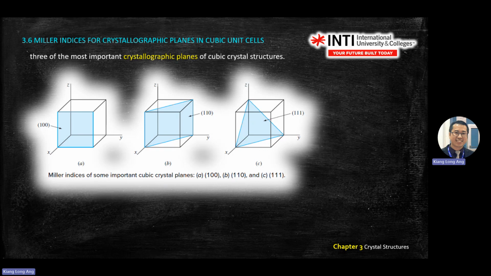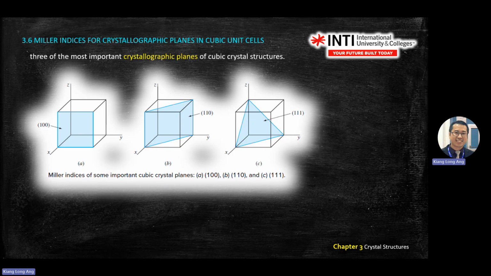So the first diagram, if you're seeing bracket 100, it means the plane is along the x-axis. 100 means the plane moves 1 unit from the origin. It's like a glass that moves 1 unit from the x-axis.